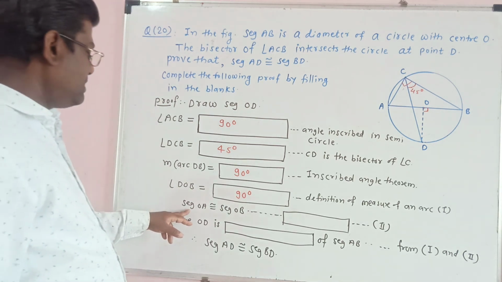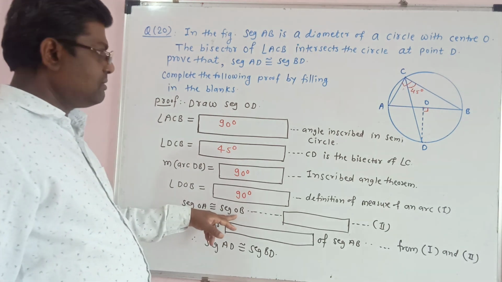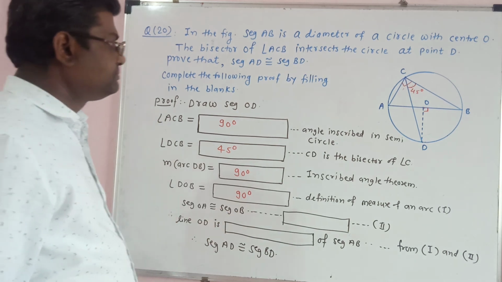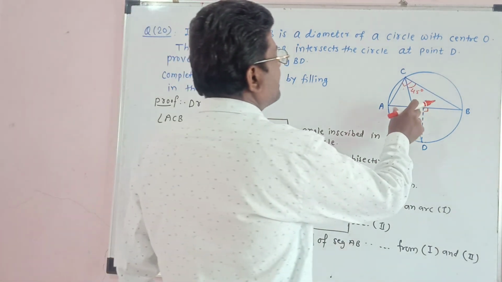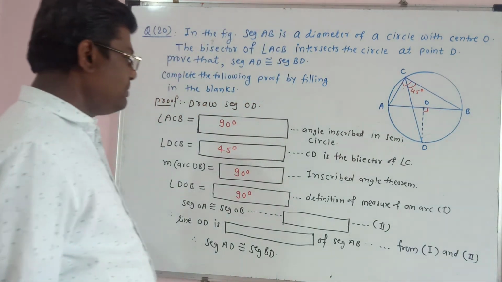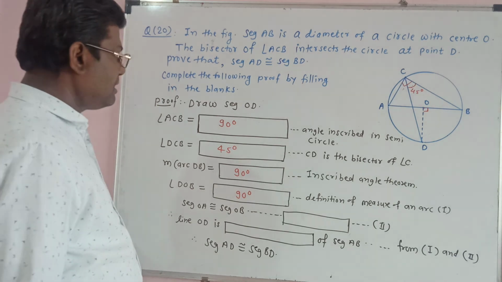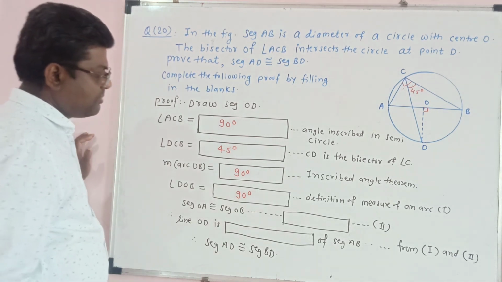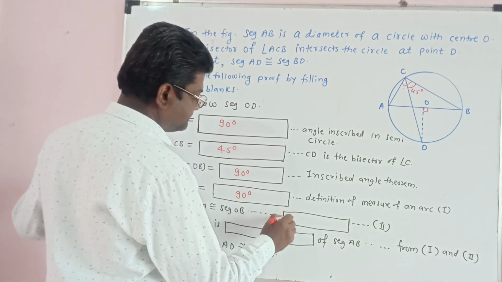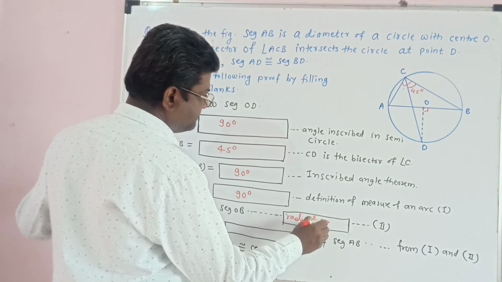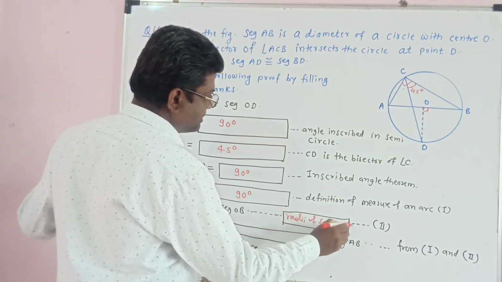Now segment OA is congruent to segment OB. Segments OA and OB are radii of the same circle.